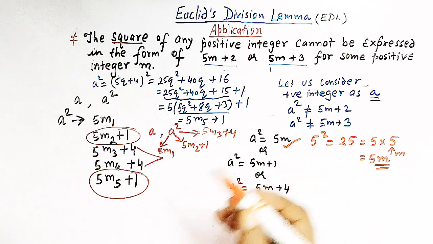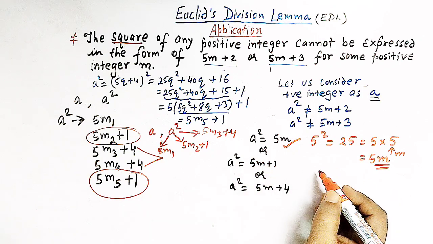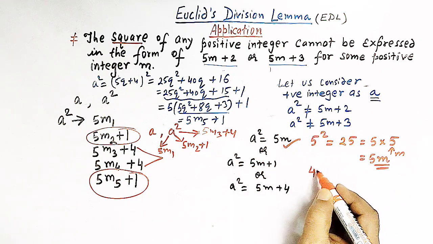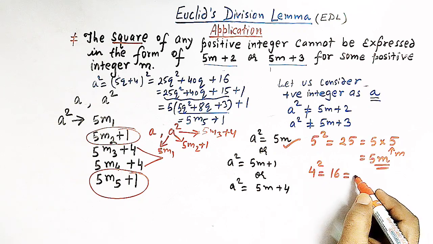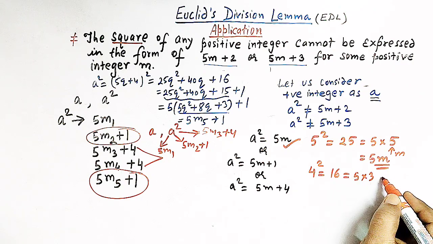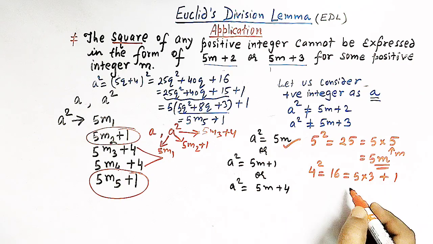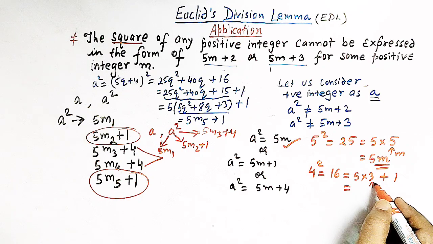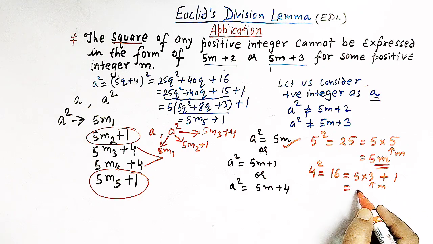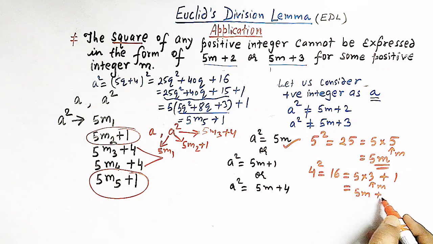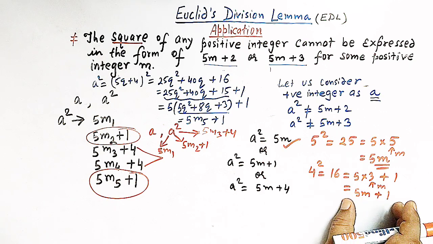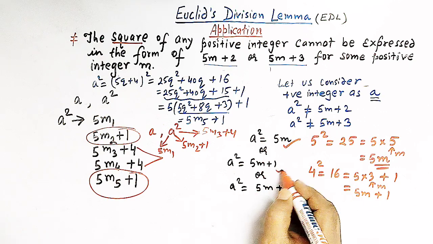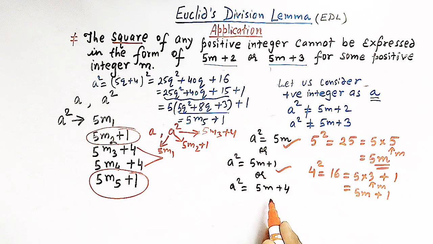Similarly, suppose we take 4 square, then 4 square is equal to 16. Now 16 can be written as 5 times 3, that is 15, plus 1. If we replace this 3 by m, we can write 5m plus 1. So 4 square can be written as 5m plus 1.